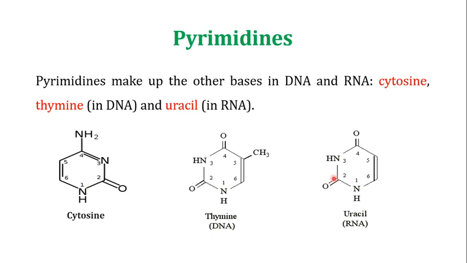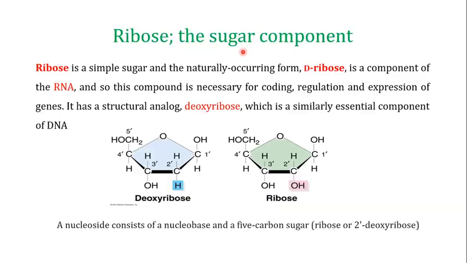And these are the numbered structures of cytosine, thymine, and uracil. So you have got a total of 4 nucleobases in the DNA and the RNA. In the DNA, you are going to have adenine and guanine as the purines, and cytosine and thymine as the pyrimidines. In the RNA, you are going to have adenine and guanine as the purines, but cytosine and uracil as the pyrimidines.